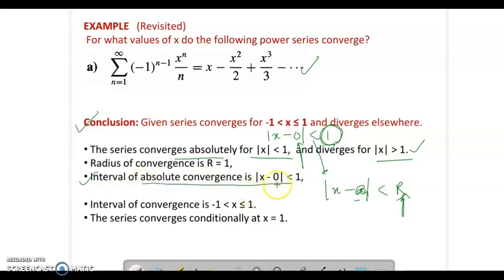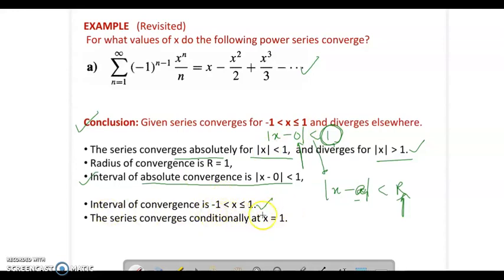What about the interval of convergence? The interval of convergence could be different from the interval of absolute convergence. So here we said that the given series converges at the endpoint x equals 1, it also turned out to be convergent. So the interval of convergence is -1 less than x less than or equal to 1. And you see this is half open, half closed, open from the left hand and closed from the right hand.